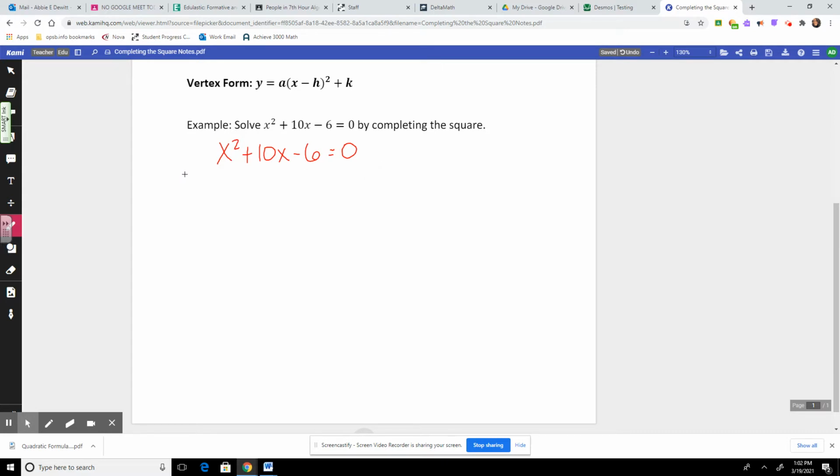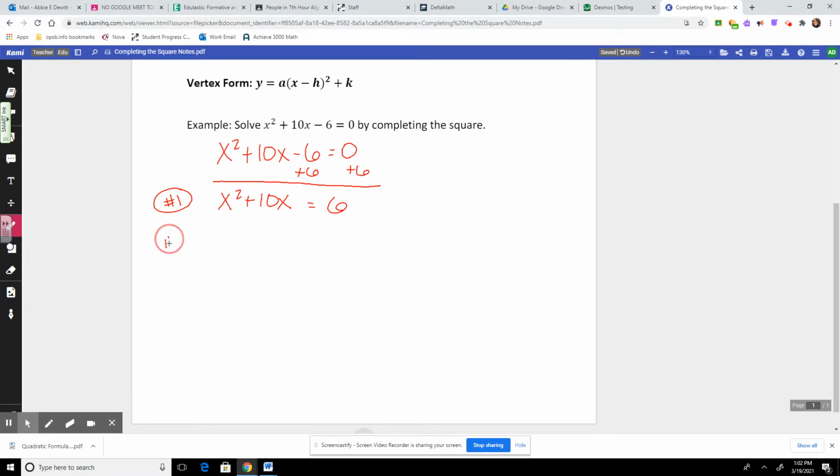So I'm going to isolate my variable terms, x squared and 10x, by adding 6 to both sides of my equal sign. I want to isolate, which means get by itself, the terms with my variable, in this case, x. And by doing so, I have x squared plus 10x equals 6. This is step number 1.